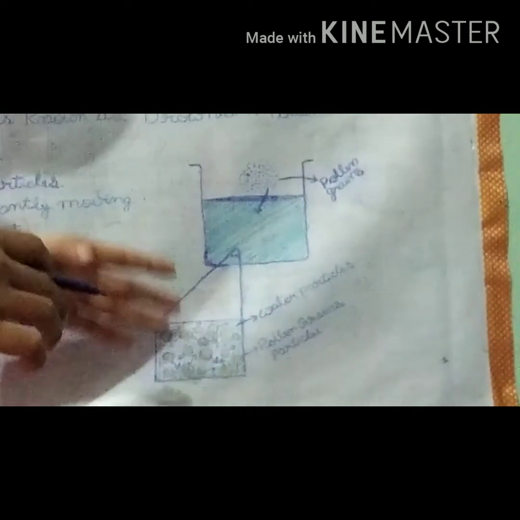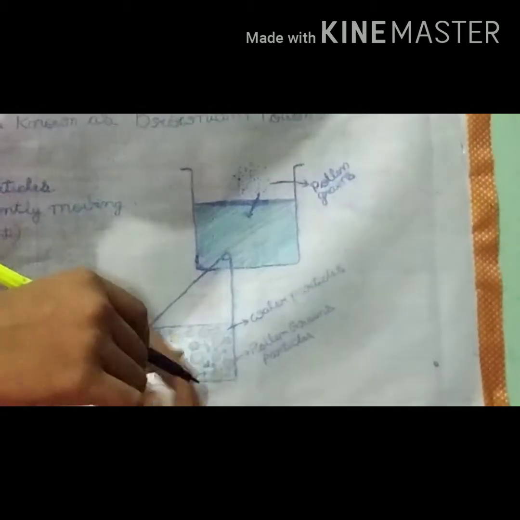He observed a sample of this whole mixture in the microscope and observed that the pollen grain particles are moving randomly and in a zigzag way.